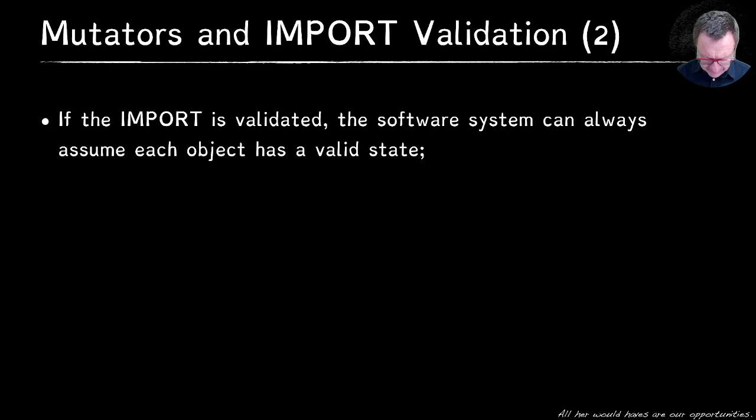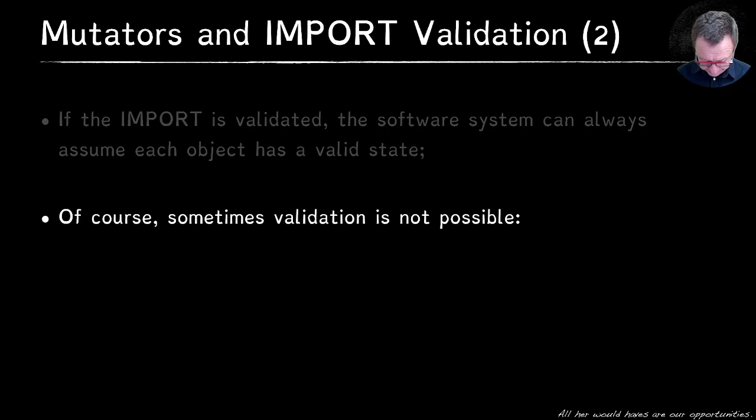So let's have a look at importing and validation. When we know we've validated it, it gives trust in the software system that the object is in a valid state. Now, sometimes validation is simply not possible.